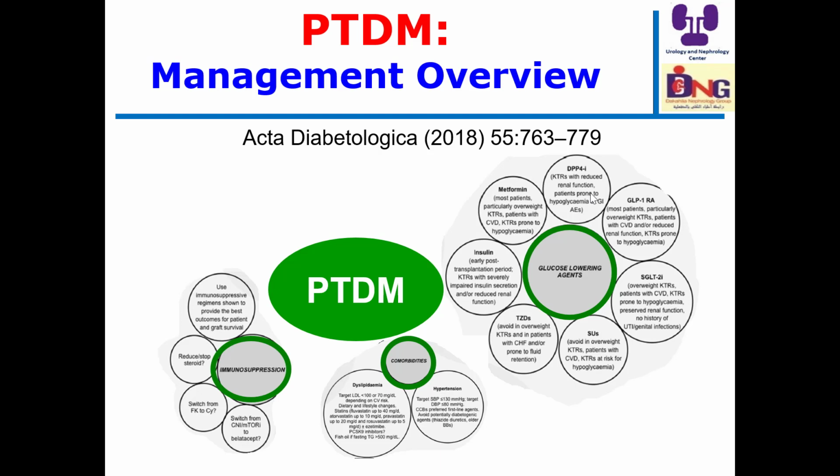For immune suppressive drugs, we can switch from calcineurin inhibitors or mTOR inhibitors to belatacept, or switch from tacrolimus to cyclosporine, or reduce steroids, or use immune suppressant regimens shown to provide the best outcome for patients and graft survival. So the wisdom is to use immune suppressive drugs in a wise manner.